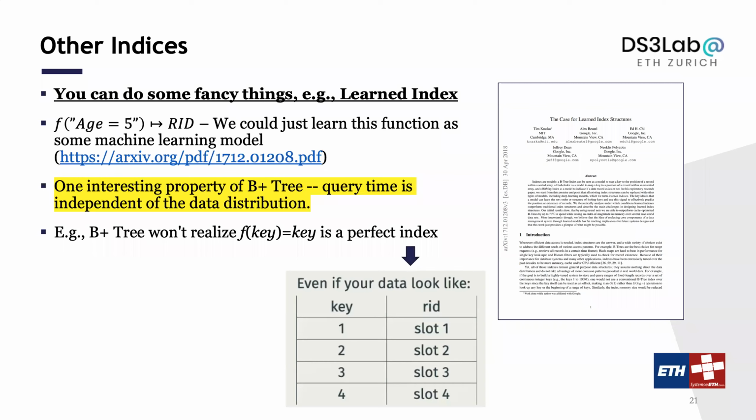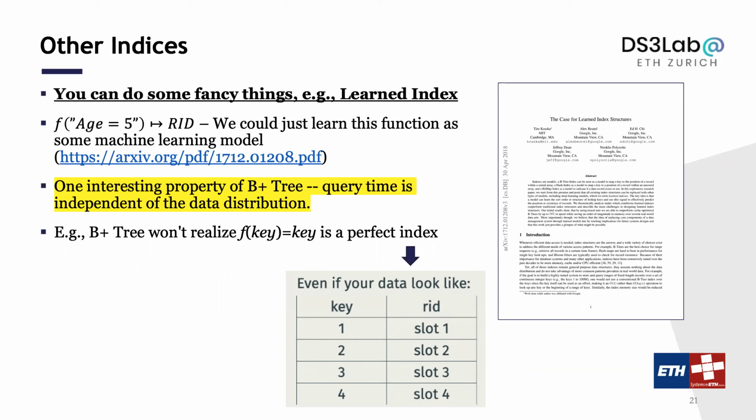For example, if I have a database where the keys are very beautiful, like 1, 2, 3, 4, then your function f can be stored in a very compact way: f(x) = x would be a perfect index for this table. However, a B tree will not realize that. So that is the gap between a data aware type of index and a data agnostic type of index.